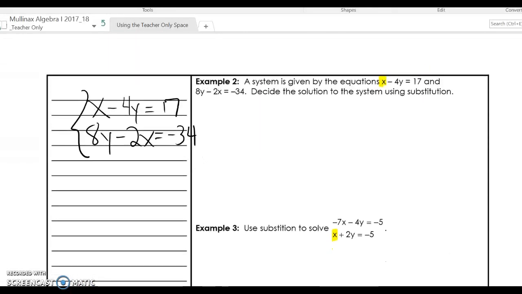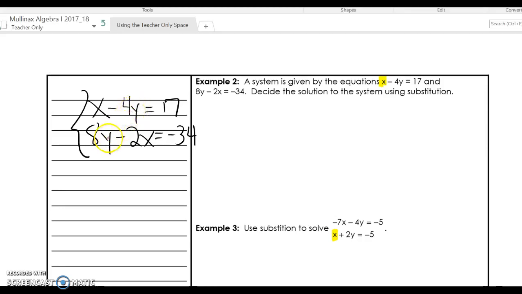Example 2. A system is given by these equations. Decide the solution. Use substitution. So when you look, we don't know what x equals or what y equals in either one of these equations because they're not in x equals or y equals form. So we want to get one of the equations in x equals form or y equals form.